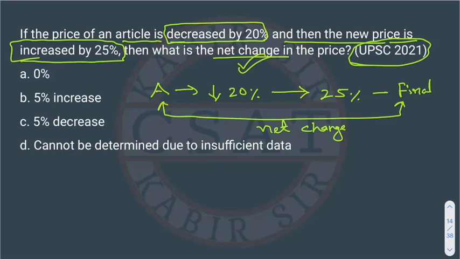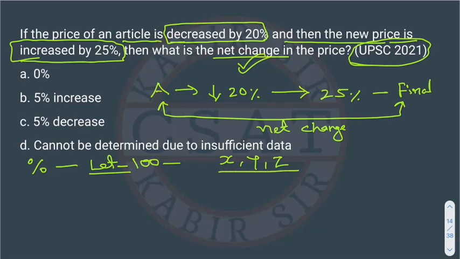If you remember, I told you, when we are solving questions in percentage, we normally consider what? We consider 100 items, right? So here we will consider that the initial price of the apple is 100. In other questions we consider price x, or y or z, something like that.